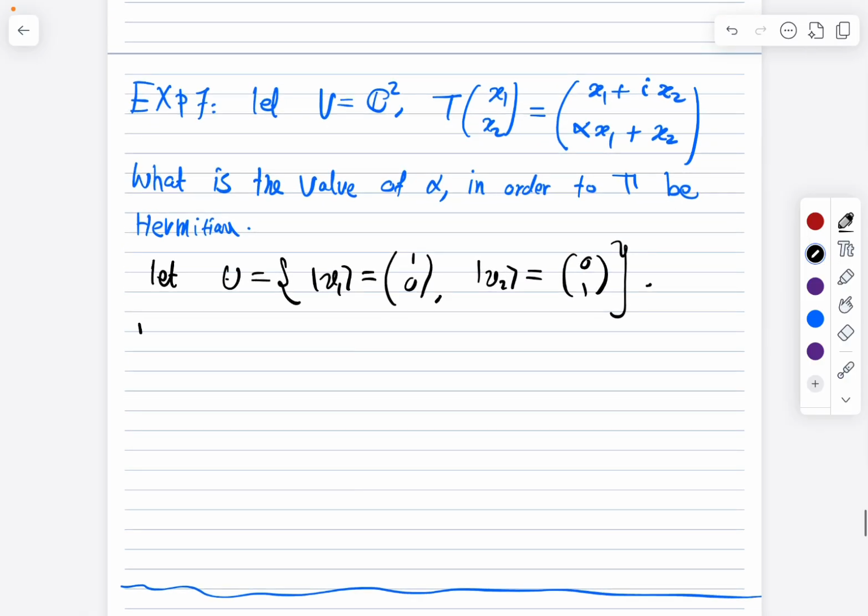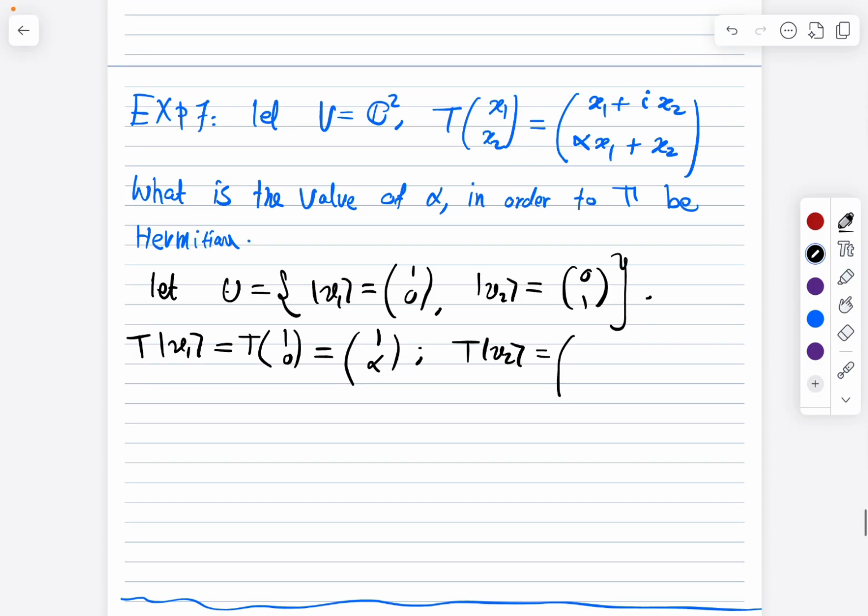Now let's apply T on v1. T on (1, 0) equals (1, alpha). Now let's apply T on the second vector v2, which is (0, 1). Since the first component is 0, the result is (i, 1).